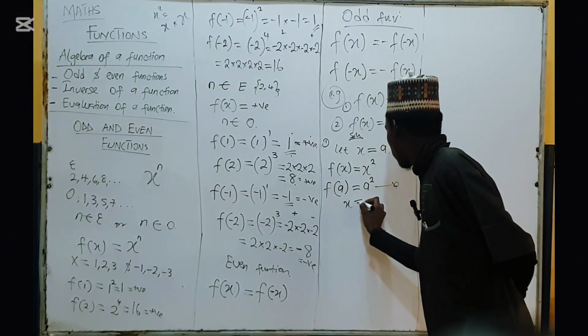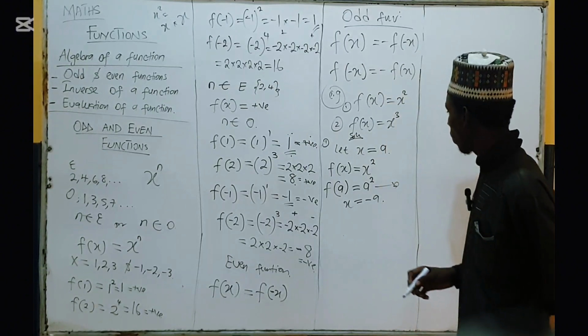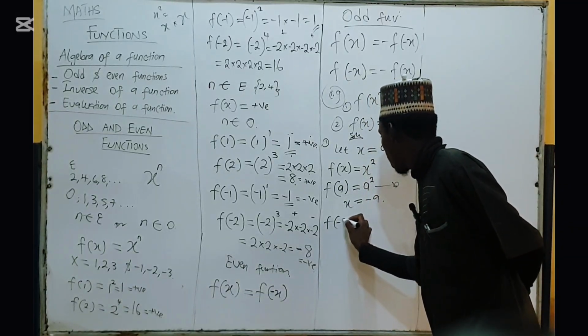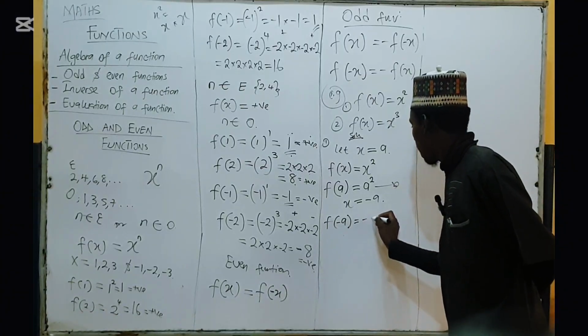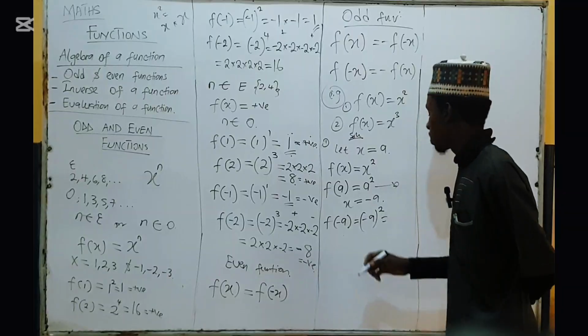So now let us go and say, now we keep this one. When x is equal to minus a, what happened? When x equals minus a, we can say f of minus a instead of x, and it will be what? Minus a all square, and the square will go with the negative sign. F of x equals x square, and we want to find what is f of minus a.